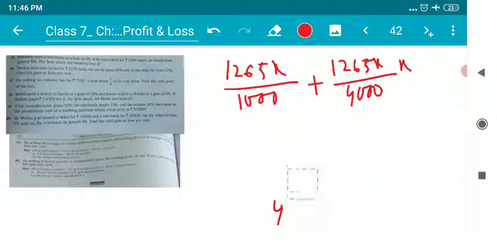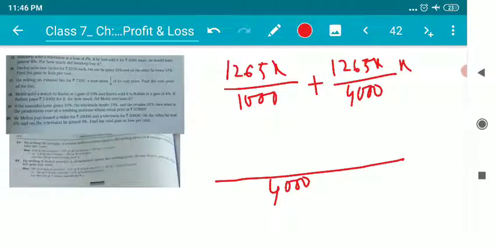So children, let us calculate this one. Let's see what comes. The LCM will be 4000 only. 4000 divided by 1000 is 4. 4 into 1265 is 5060x plus 1265x only.